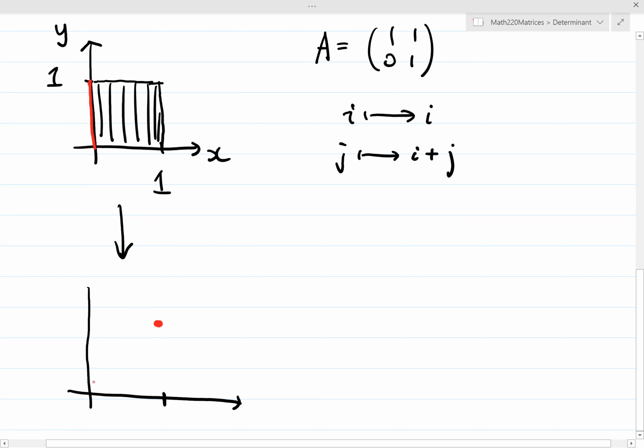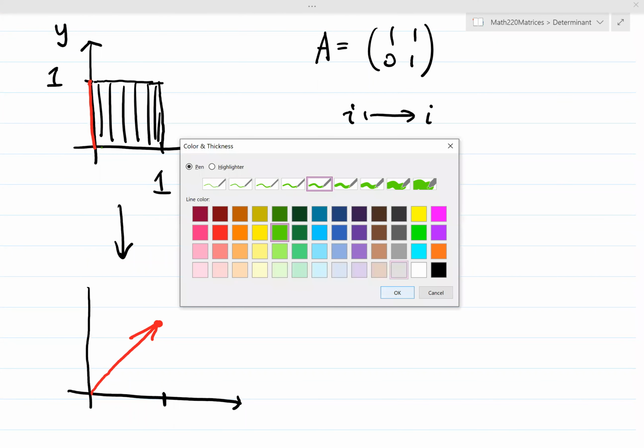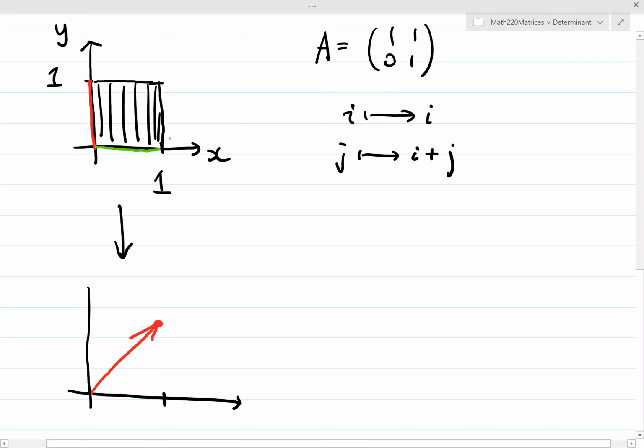Red maps to red. Okay. Now the X direction, let's use another color, green. The X direction is just fixed, so it's green. Now it maps to this thing.